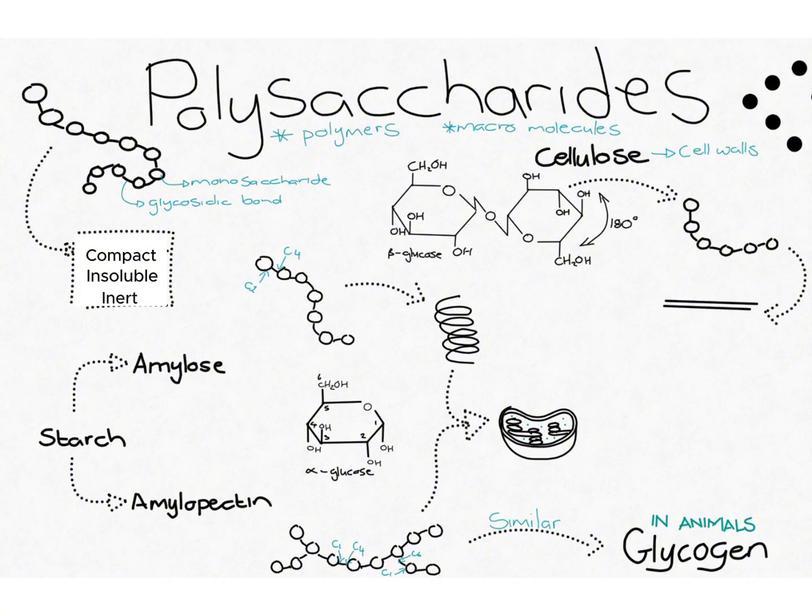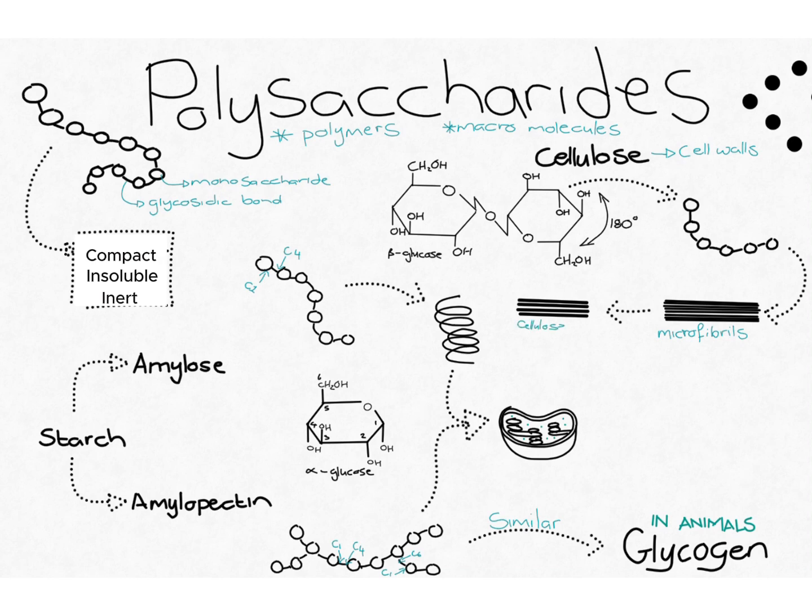Now 60 to 70 of these molecules will bundle together to form structures called microfibrils. The hydrogen and oxygen molecules between the cellulose molecules will form hydrogen bonds. These bonds are weak but have an additive effect because of the enormous amount of these bonds. This makes the microfibril molecule very strong.